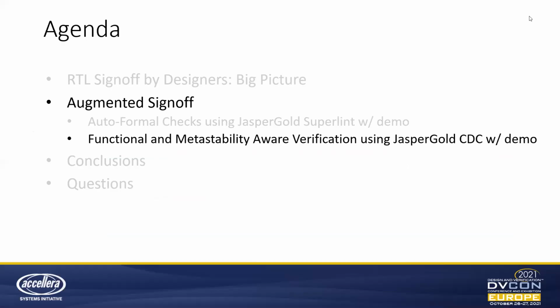As Kanwar said, we are talking about augmenting your sign-off with features which would give you better quality and a faster sign-off. Towards that, we are now going to look at how you can augment your CDC RDC sign-off with functional checks and metastability-aware verification using the JasperGold CDC app, and we'll follow with a demo.